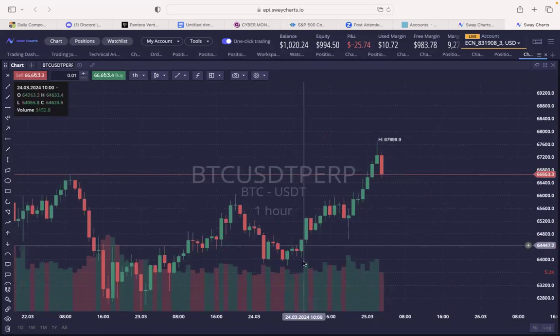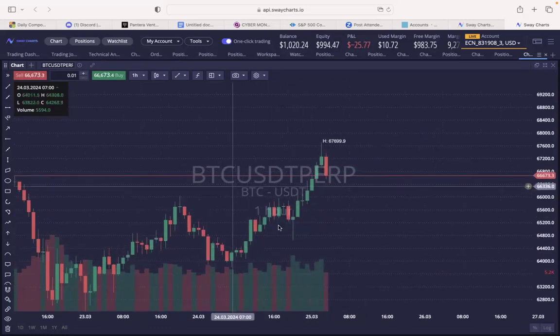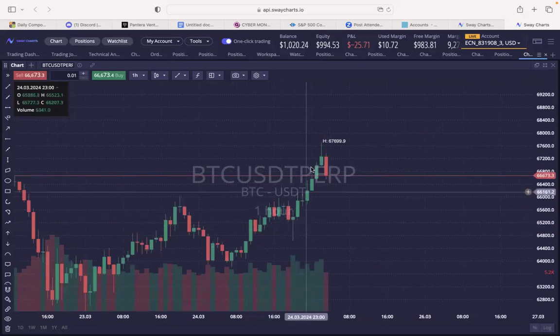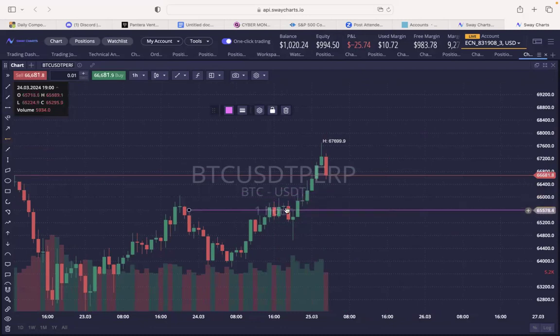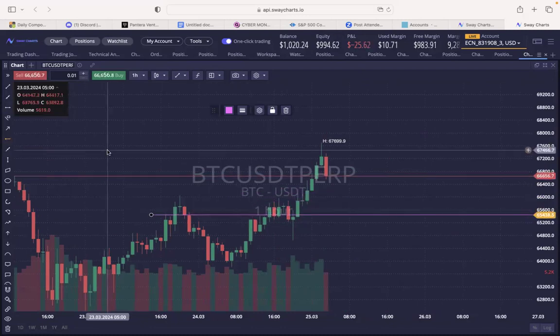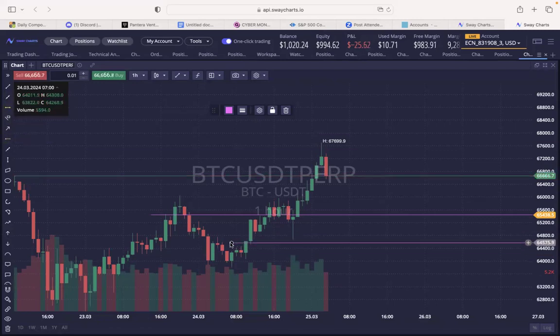Based on what I see, I might see a bullish engulfing or a pin bar or whatever. So I'll say, let's get in. Let's say we get in here. We'll put our stop loss here.